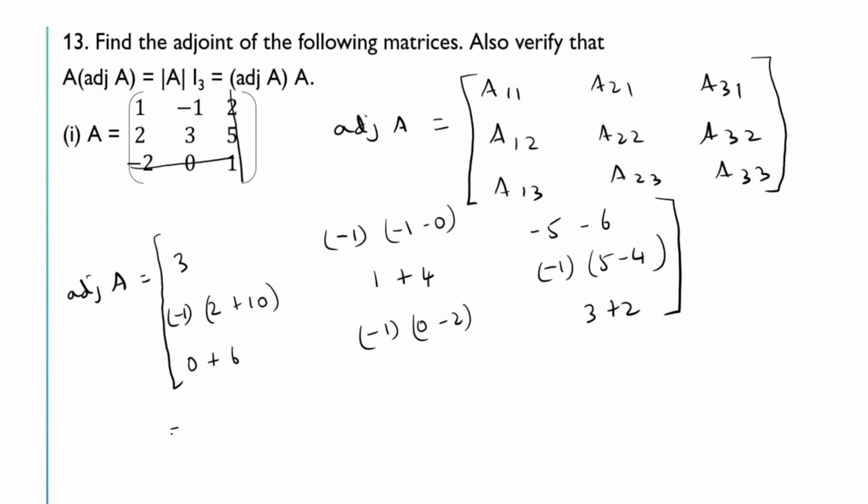So this is equal to 3, 1, minus 11, minus 12, 5, minus 1, 6, 2, 5. So this is the adjoint of the given matrix. Now we have to show that A into adjoint of A equals determinant of A into I3.